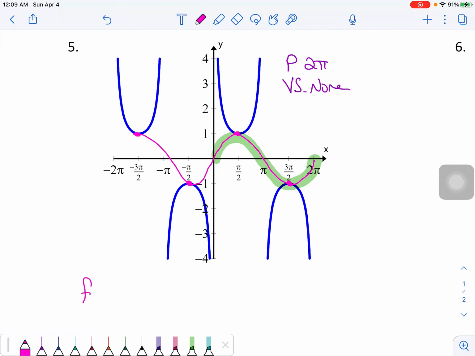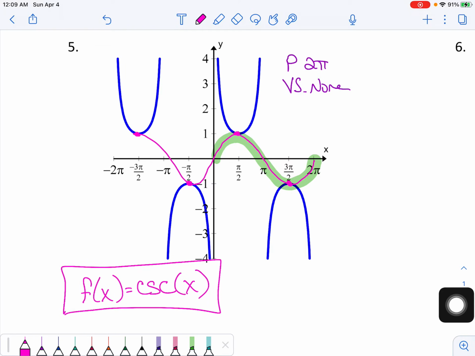So the blue curves could be f of x equals, except I need to spell it right, cosecant of x. There's no reflection. We did not have an amplitude change in this sine curve, so no change here for this coefficient. Period, no change. Vertical shift, no change. So that is the cosecant curve.